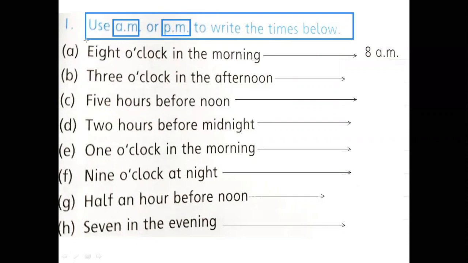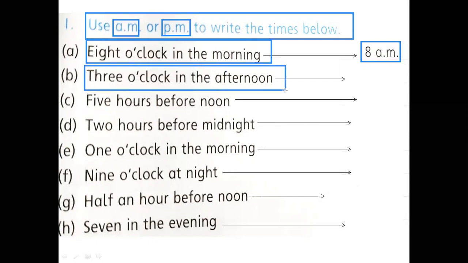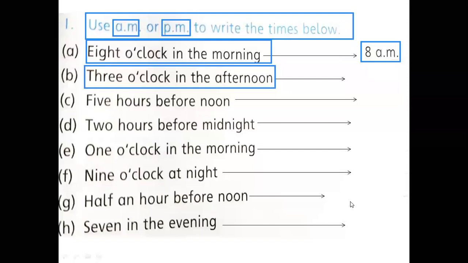So the first one is 8 o'clock in the morning, which means 8 a.m. 3 o'clock in the afternoon, we will write 3 p.m. The next is 5 hours before noon.